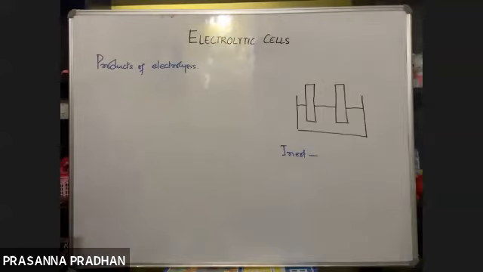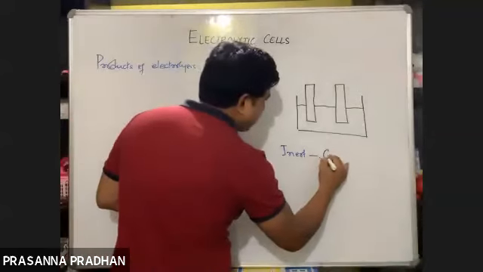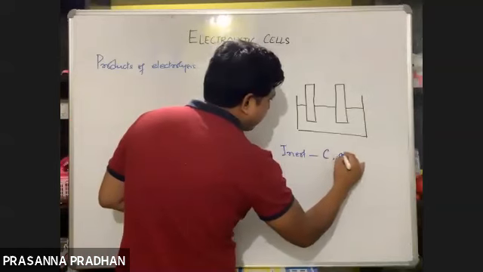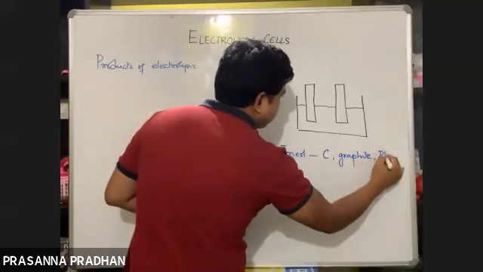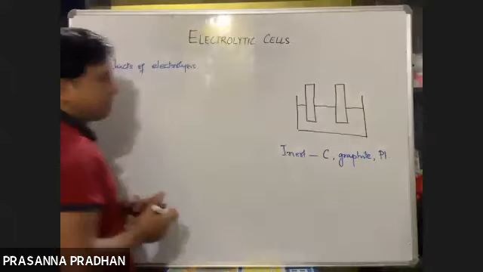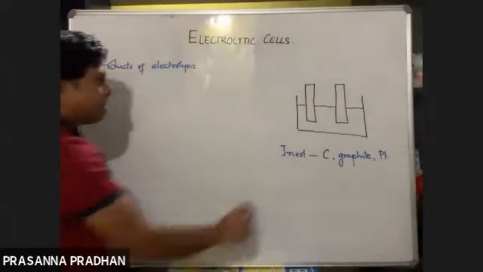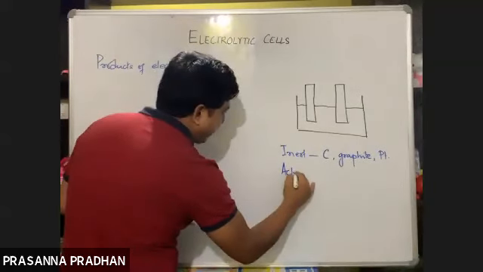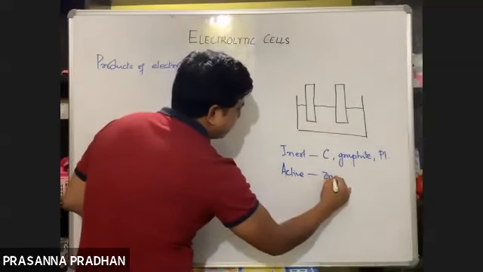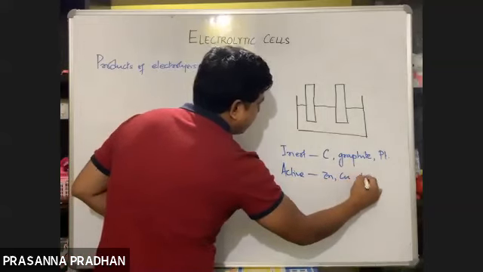Examples are carbon rods, graphite rods or platinum electrodes. But when the electrodes also participate in the reactions, these are known as active electrodes. It can be zinc, it can be made up of copper, etc.